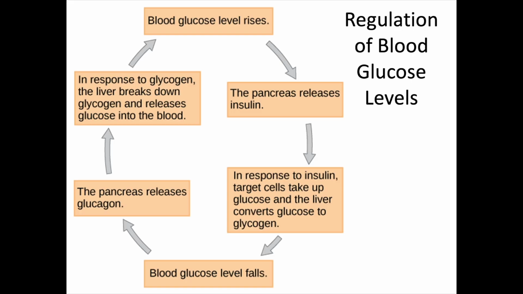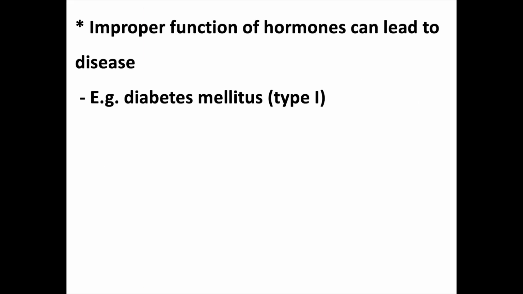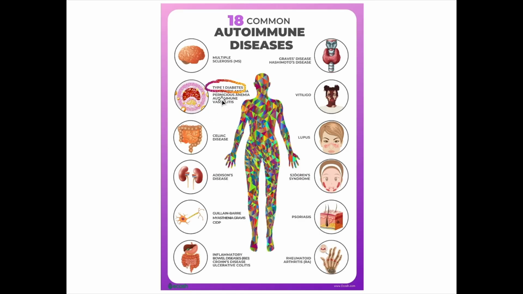If things are not maintained properly, stuff's going to go wrong. So improper function of hormones can lead to disease. There are many examples of this. I just want to point out one of these here, type 1 diabetes, or diabetes mellitus type 1. You may remember type 1 diabetes. I name dropped this a couple of chapters ago because type 1 diabetes is actually an autoimmune disease.